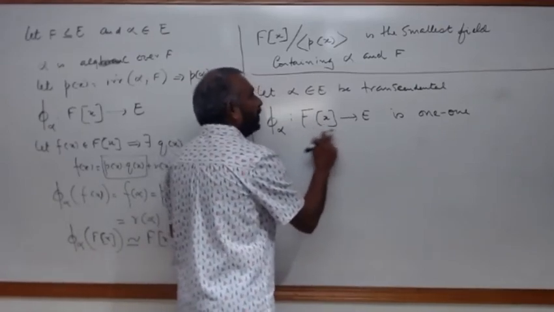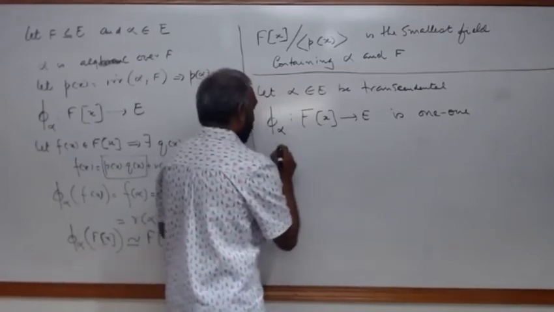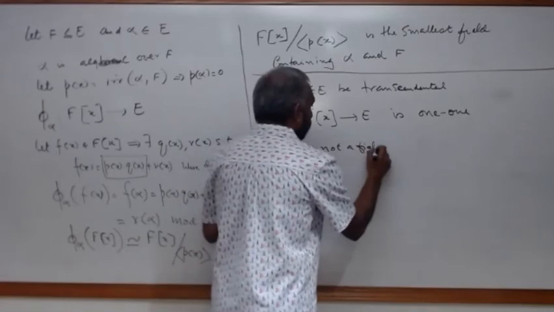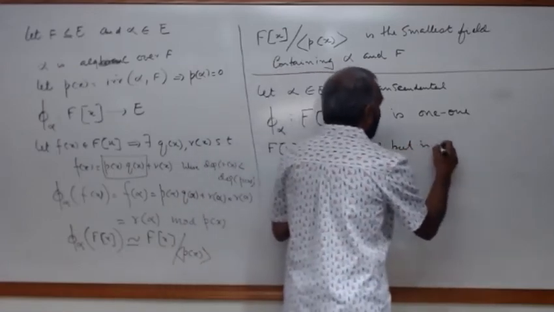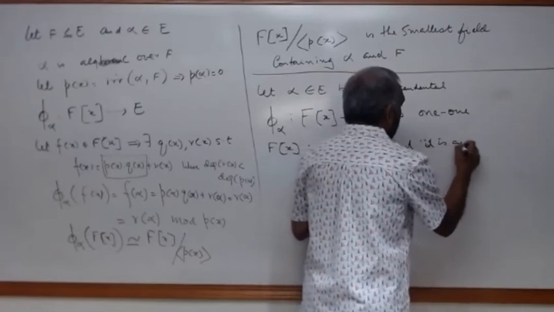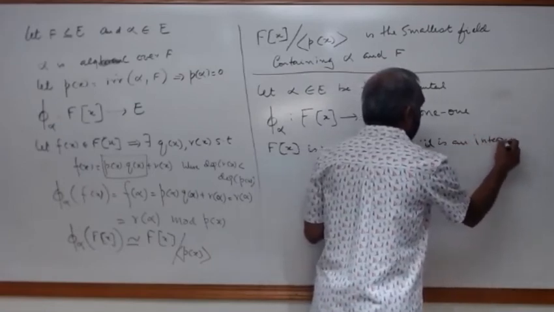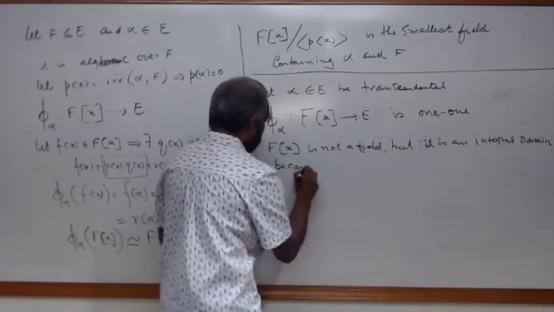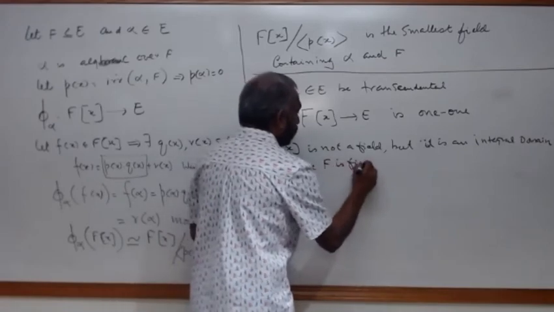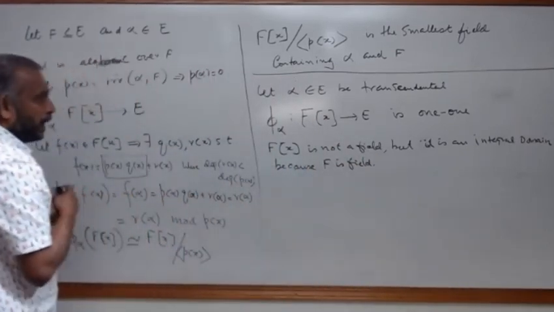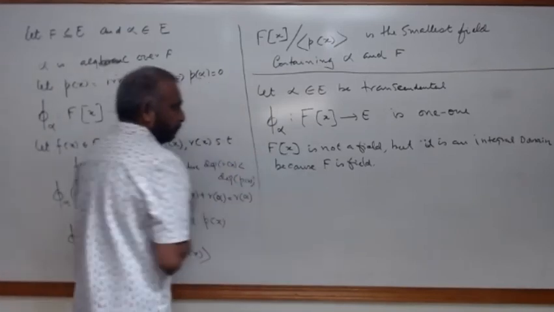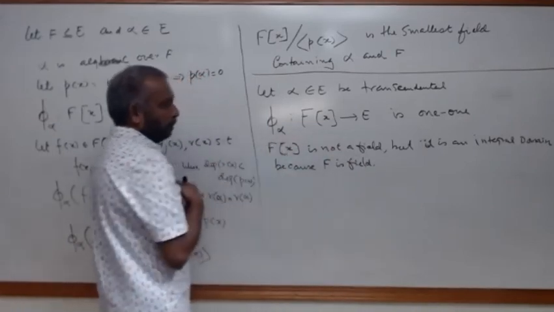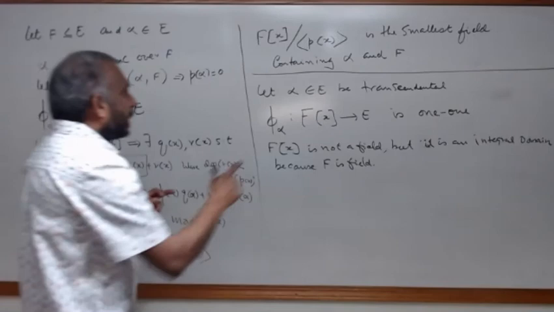F of x is not a field, but it is an integral domain, because f is a field. So this is an integral domain, meaning that if you take two elements from here and multiply to get 0, one of them has to be 0. And it is a 1-1 map.